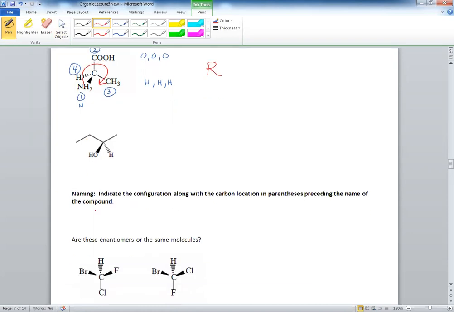Okay, finally we see something, and sometimes the H is not shown. If it's not shown, it means it's in the back. But here is another one where we have a skeletal structure. You'll see this a lot. So let's assign this. We go 1 for O, and then you know H is going to be 4. What is going to win, the ethyl or the methyl? Well, if you're still doubting, remember these are 3 H's.